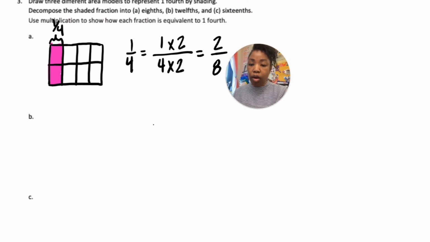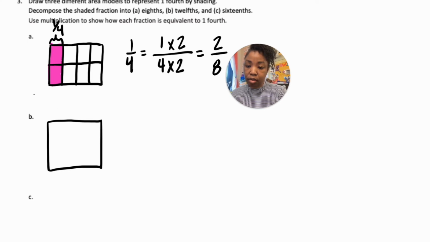Now, let's do 12ths. I'm going to make 1/4 again. For 12ths, I'm going to do 3 rows, right? 4, 8, 12. Making sure that I shade 1/4. Notice how this time the parts tripled.